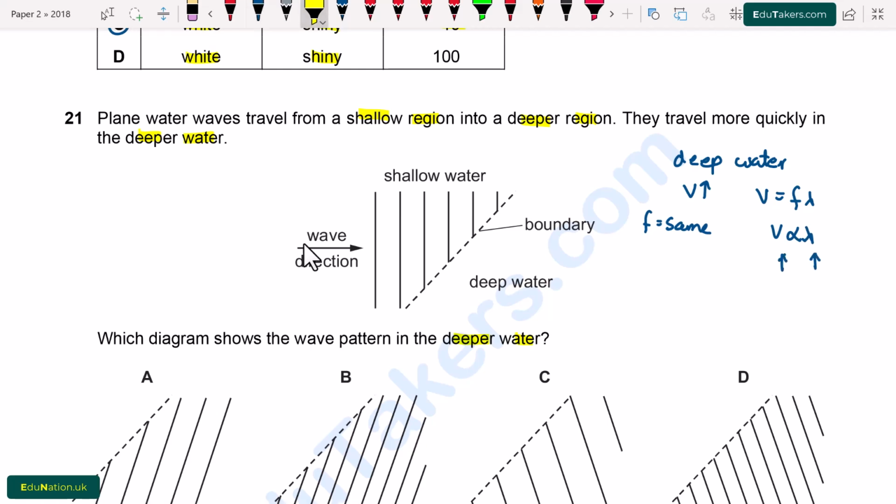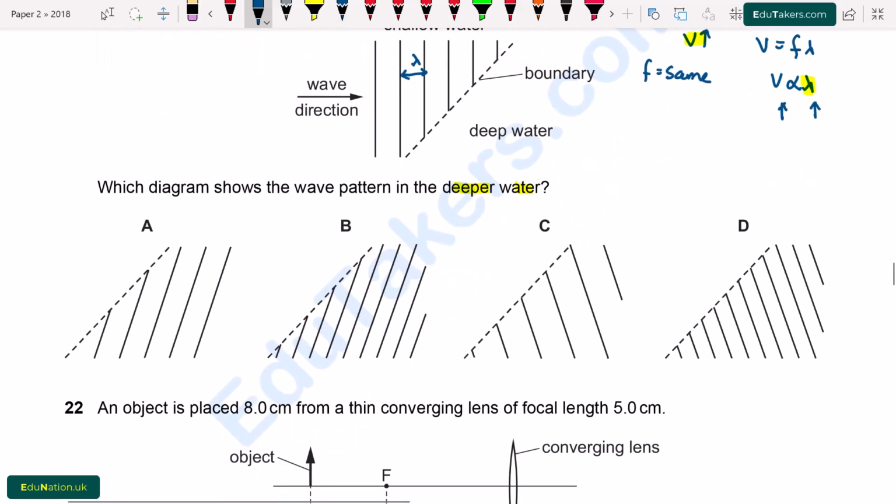When we have to draw the waves in the deep water, we have to consider that the speed is larger, due to which the wavelength should be larger. So first of all, wavelength is the distance between these two consecutive lines. Now we see the options. In option A, the distance remains the same, that is equal to wavelength.